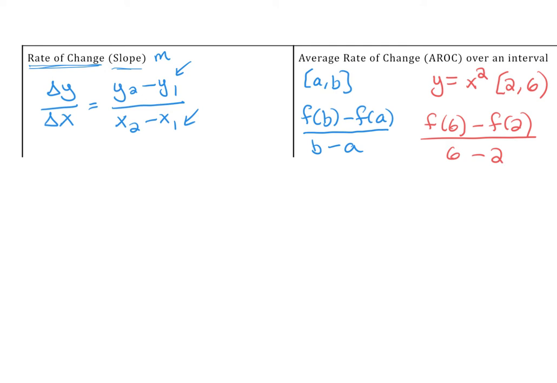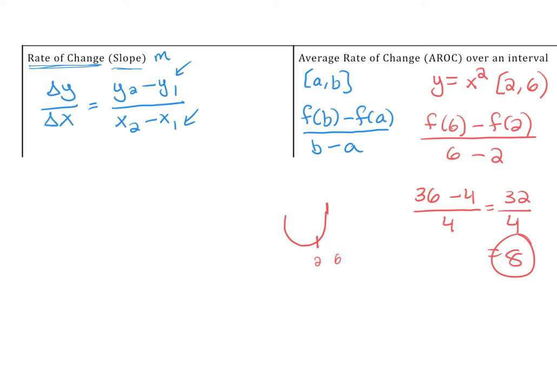Okay, so plug in your x values to get your y value. 6 squared is 36. 2 squared is 4, over 4. So I've got 32 divided by 4, which is 8. So if we were to graph that x squared function from 2 to 6 on that interval, the rate of change is 8.